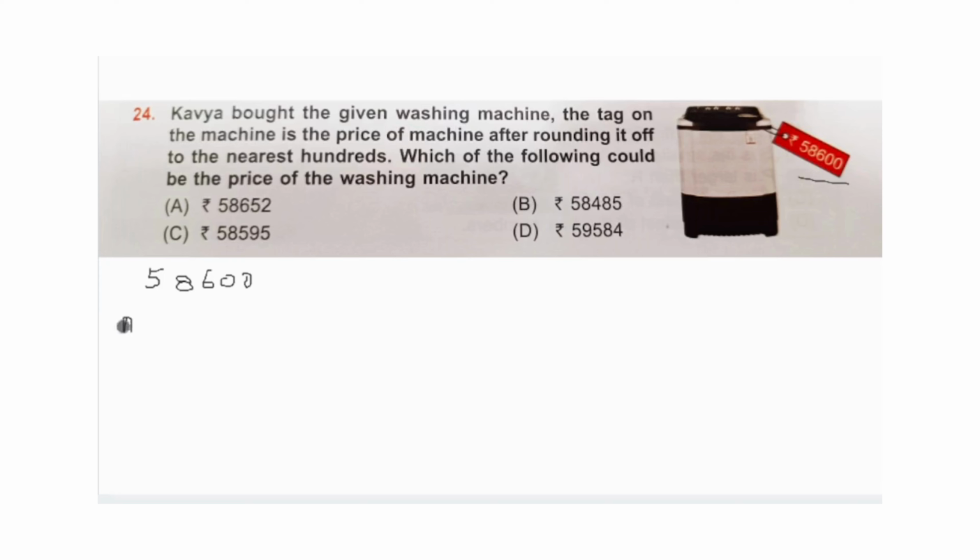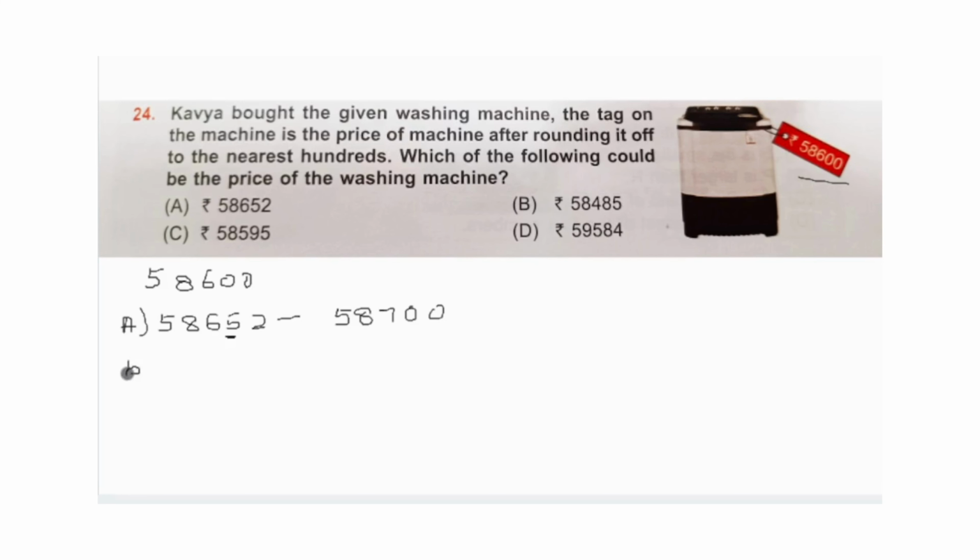Let's take option A. The price mentioned here is 58,652. Let's try to round it off to the nearest 100. Since it's the nearest 100, let's see what's the value of the tens position. Here it's 5. Since it's 5 or greater than 5, we will increase the number and round off to 58,700, which is the value of A's round off.